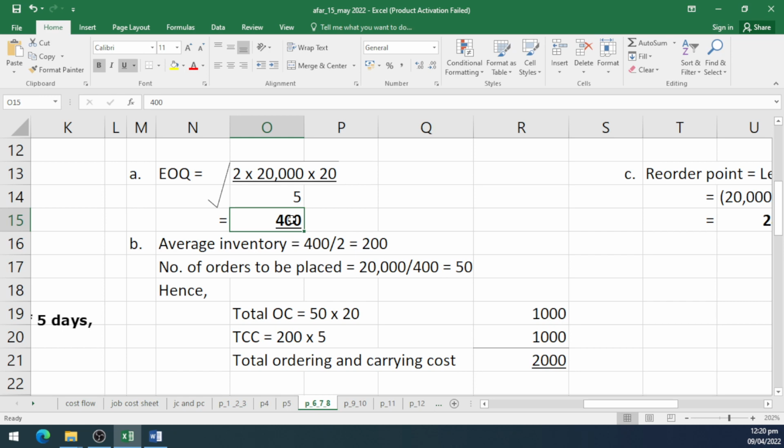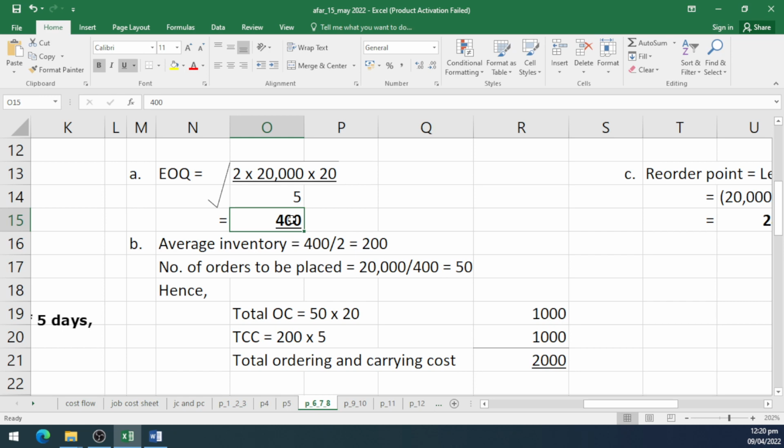So, 200. And the number of orders to be placed will be, if 20,000 will be the requirement, di 20,000 divided by 400, 50 times kang bibili. 50 times kang mag-place ng order. Hence, ito po yung computation. Ang total ordering cost natin, 50 times tayong mag-place ng order, and every time we place an order, it will cost us 20 pesos.